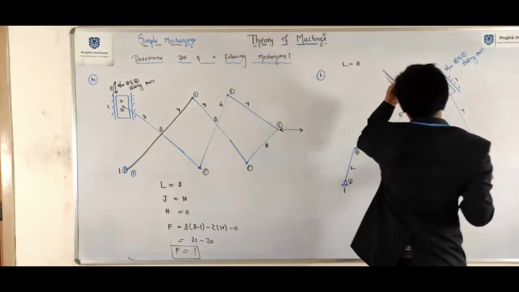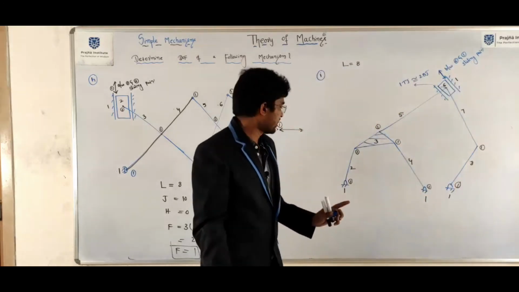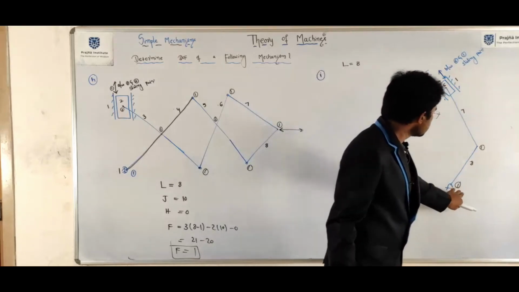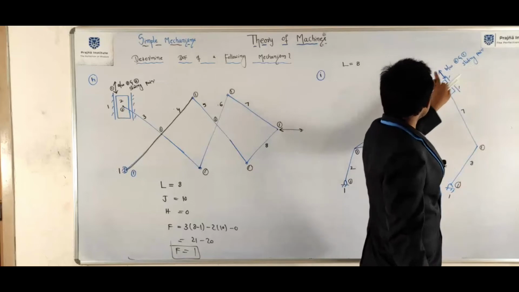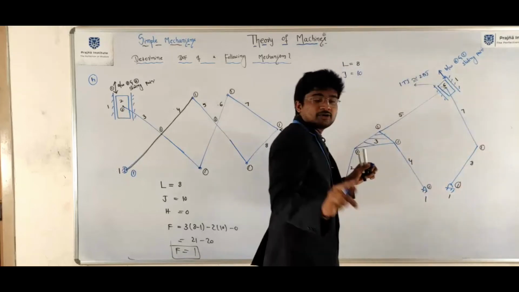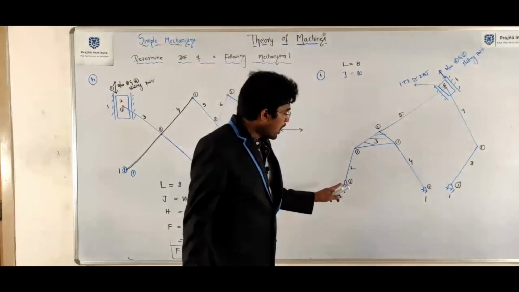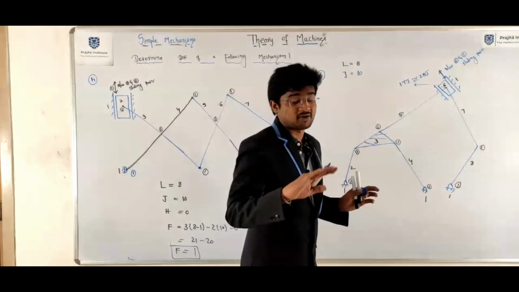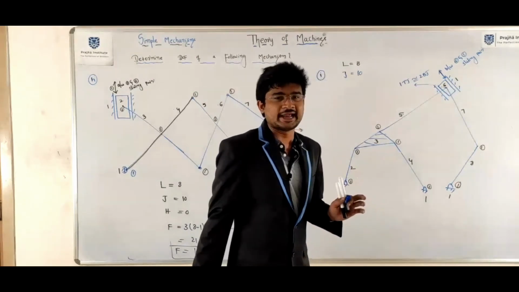That means one lower pair. Okay? So finally, 1, 2, 3, 4, 5, 6, 7, 8, 8 plus 2, 10. This is the way to count lower pairs. Don't count this particular joints that way. That is a wrong way of solving degree of freedom.